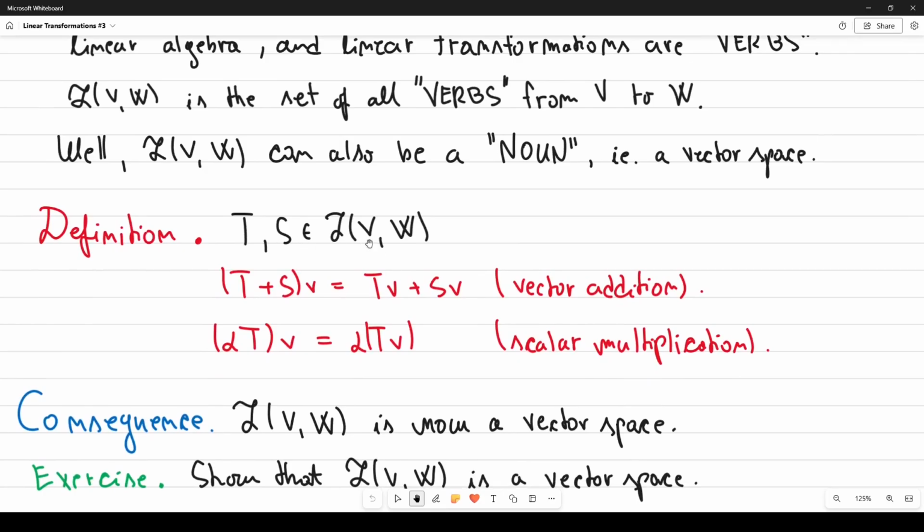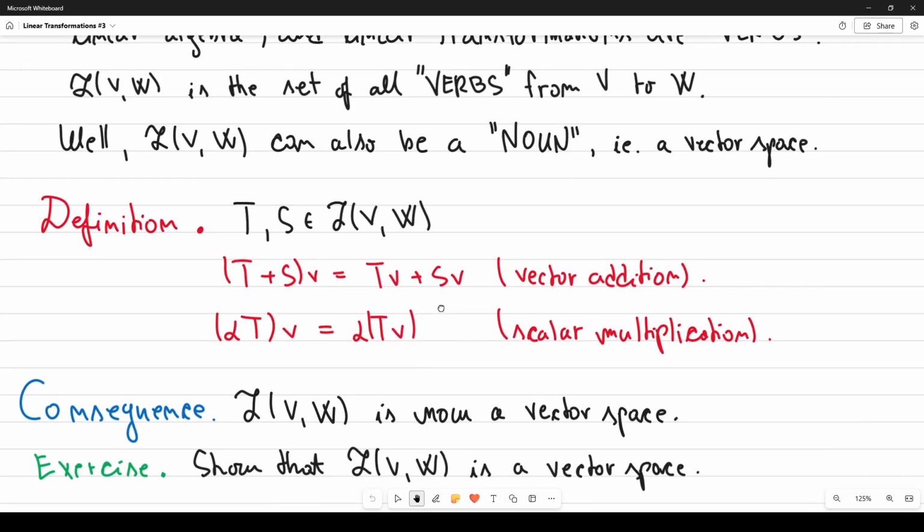So take two linear transformations, T and S, and we define addition of linear transformations to be like this. T plus S acting on some vector V: you act on V with T, get the result, and you act with S on V, get a result, and you add up those results. And this is addition.